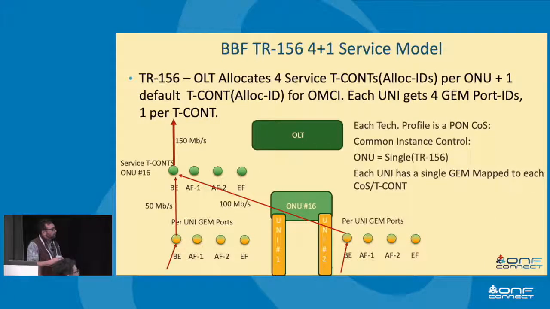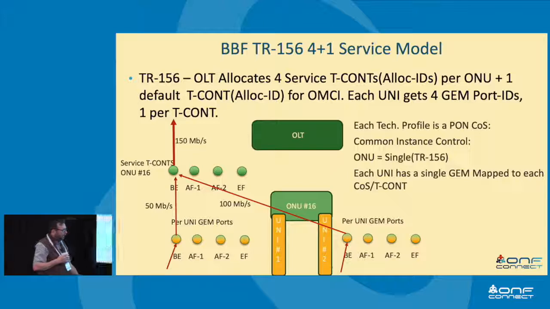So when I define my service, I apply a technology profile. I define an OpenFlow set of match action rules. I define the interface, and basically based on that information, the OpenOLT adapter in the ONU essentially creates TCONs and GEM ports, and at the UNI interface, I have some match action rules.